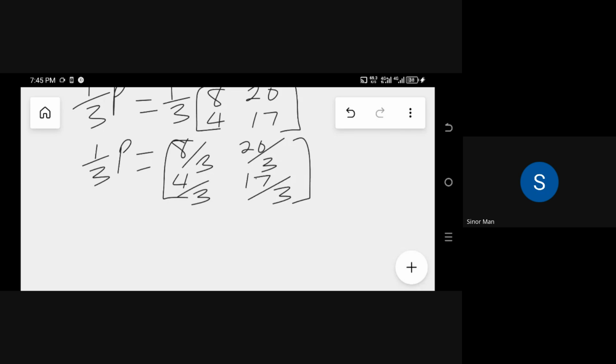All right. So this is what you do when you're using a scalar to multiply a matrix.